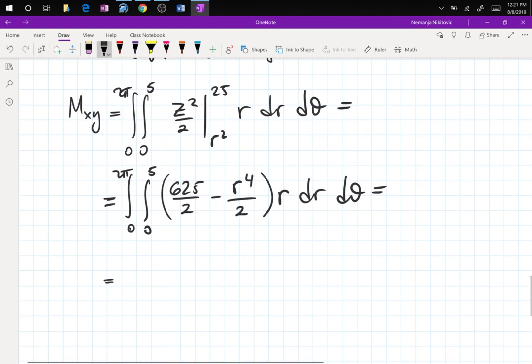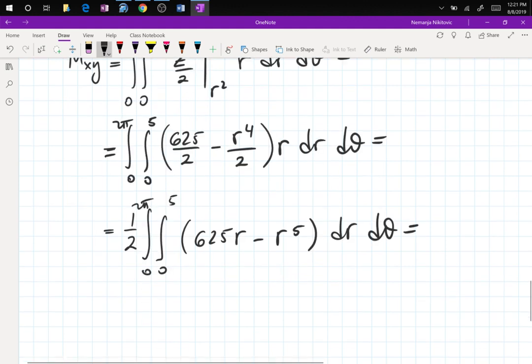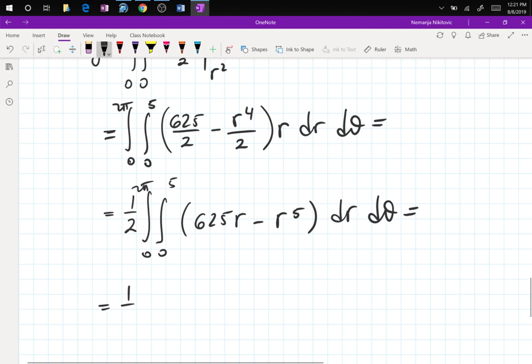So now we distribute. You can kick 1/2 outside, and we have 625r minus r to the 5, dr, d theta. This is 1/2 integral 0 to 2 pi.